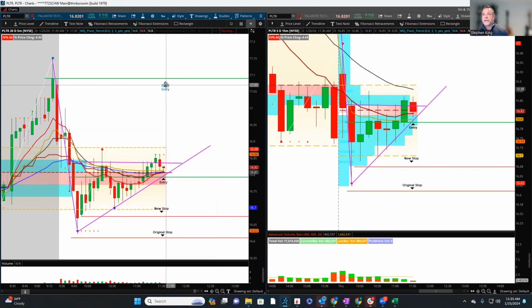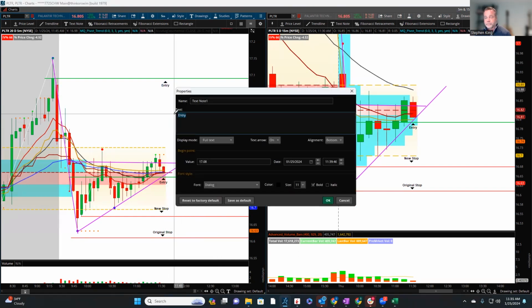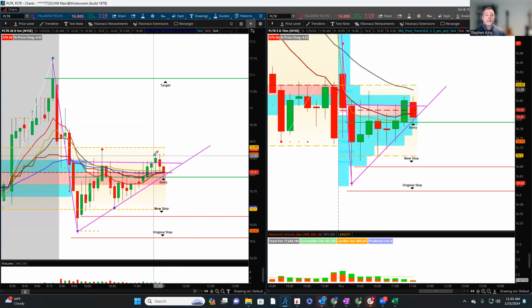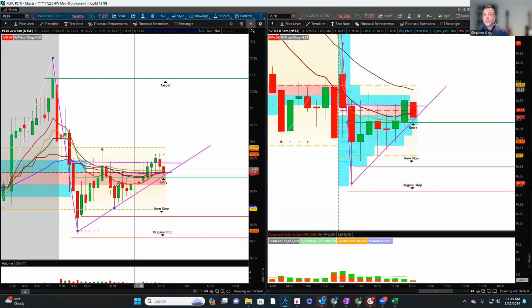I can move it up here and label that as target. I can take it one step further if I want, and I can change my drawing, select this tool here, and highlight the candle that triggered me into the trade.